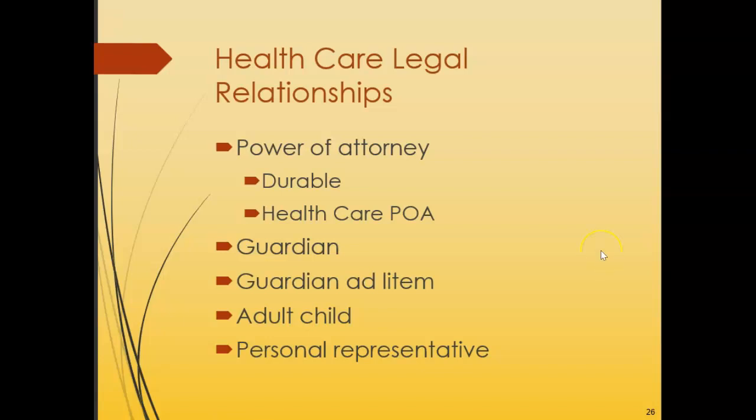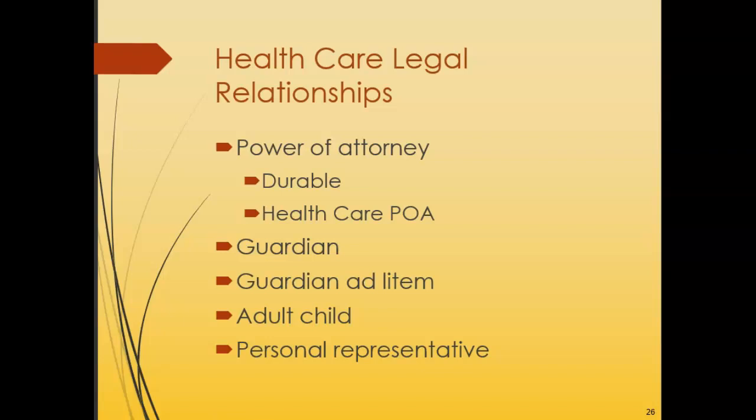In terms of healthcare legal relationships, this is something that nursing comes into contact with very frequently. Who has power of attorney if someone is not competent to make their own decisions? And we'll give some examples and talk about this in class as well. But, is there a durable power of attorney? Is there a healthcare power of attorney?